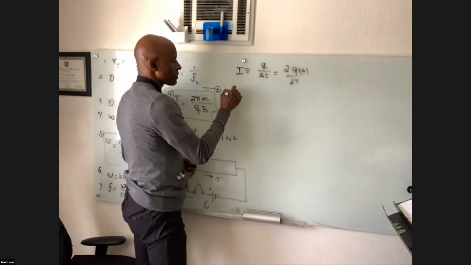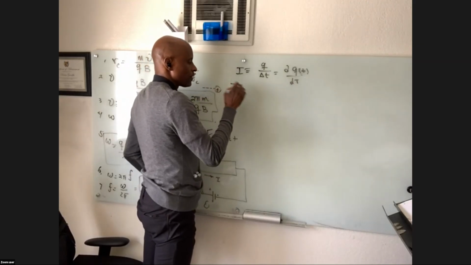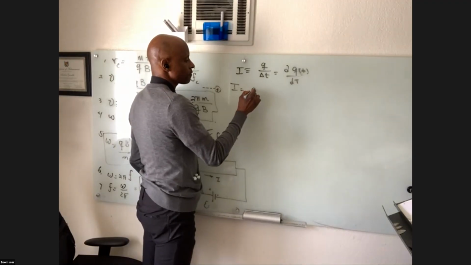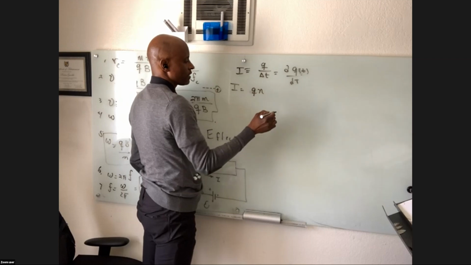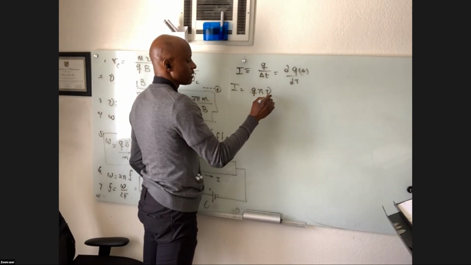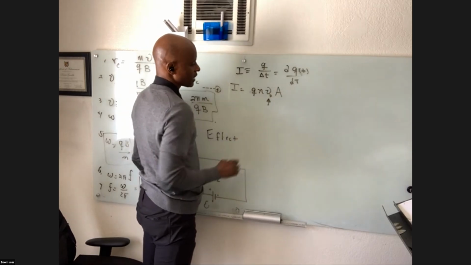But we also talked about current in terms of the microscopic view, that it is equal to the charge times the charge density n times the drift velocity v sub D times the area.